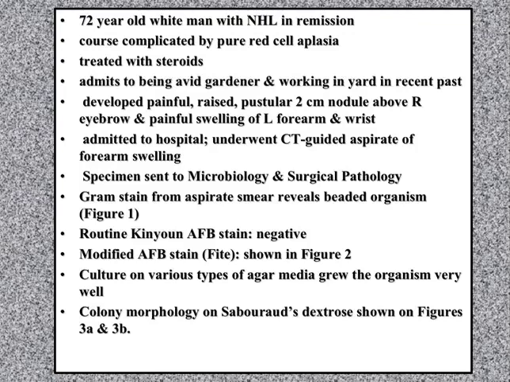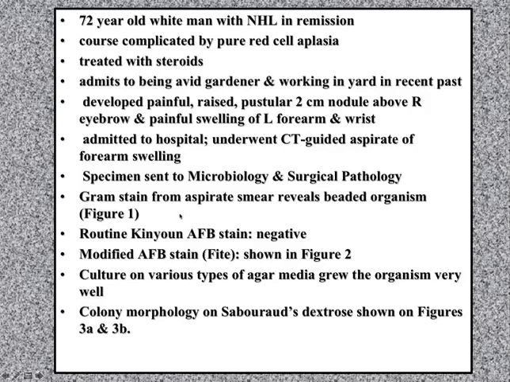He admits to being a gardener and is working in his yard and now develops raised nodular pustules above the eyebrow, and a very painful swelling of the left forearm and wrist. So he comes back to his hospital, undergoes a CT-guided aspirate of the forearm swelling. They send material to micro. They send material to surgical pathology.